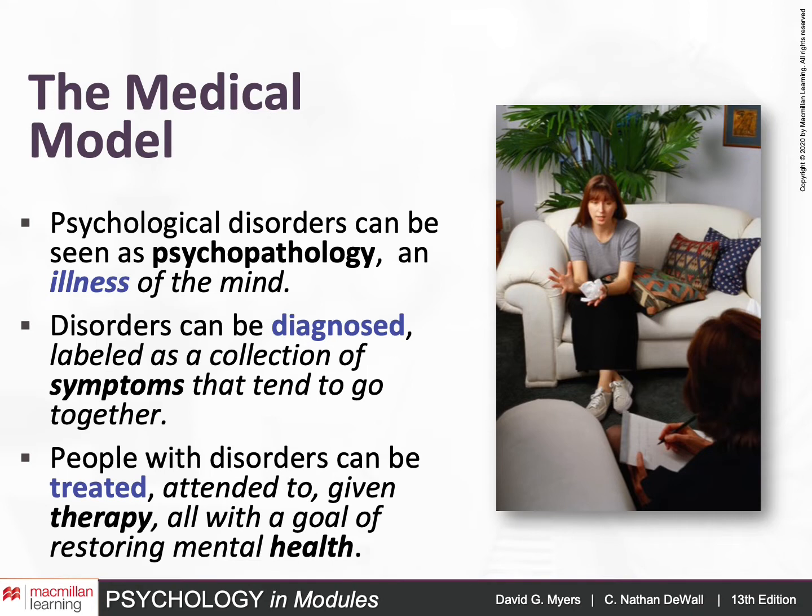So the medical model not only suggests a particular course of treatment and a particular diagnosis, it also tells us something about etiology or the cause of mental disorders, right?